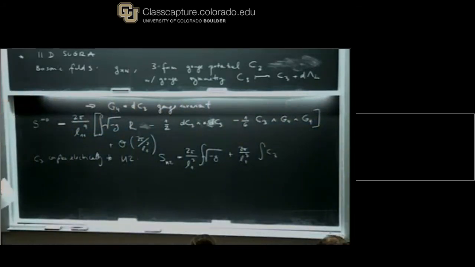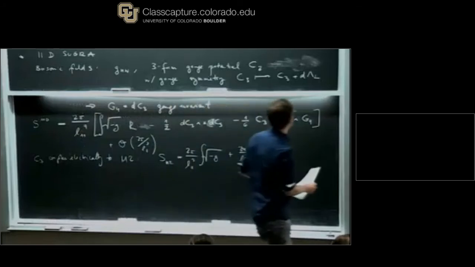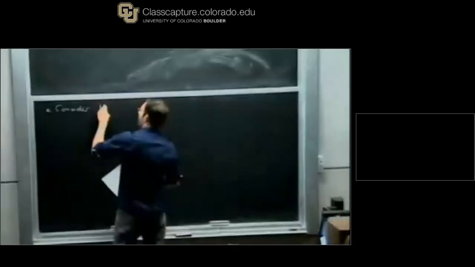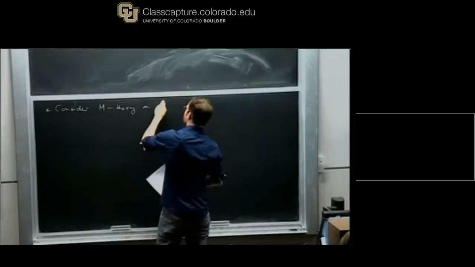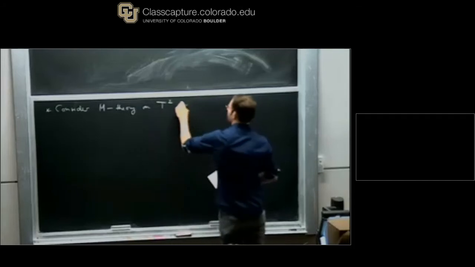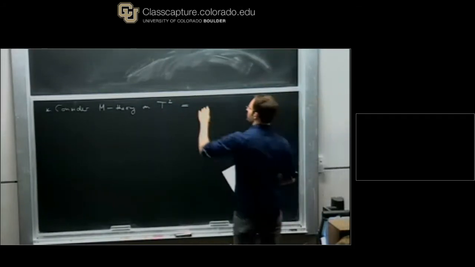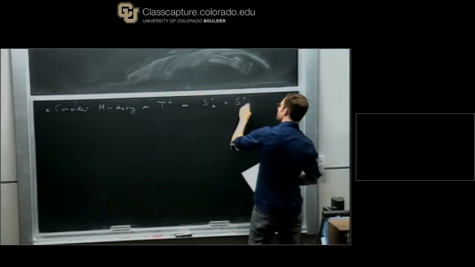And the duality is now a fiber-wise duality of the well-known duality between M-theory on a torus, this is where this torus appears, and type IIB string theory. So let's consider first M-theory in that sense, so 11D sugra on a torus T2, which we think of as the product of two cycles, S^1_A times S^1_B.